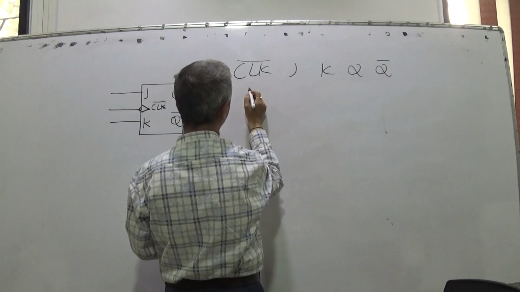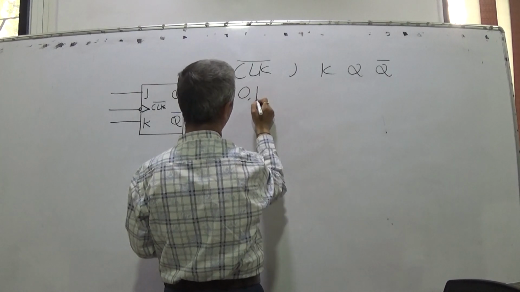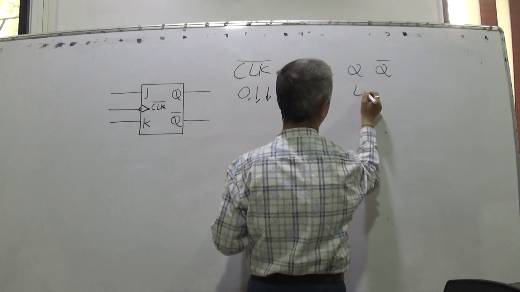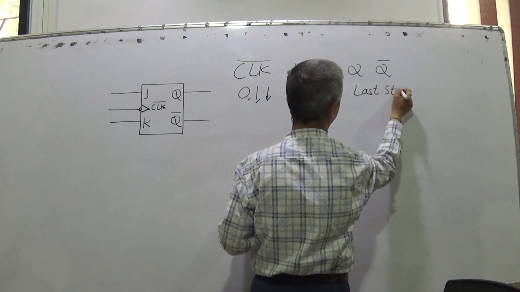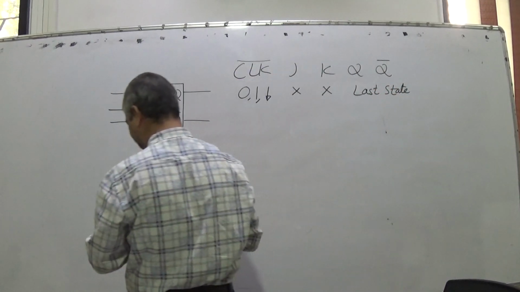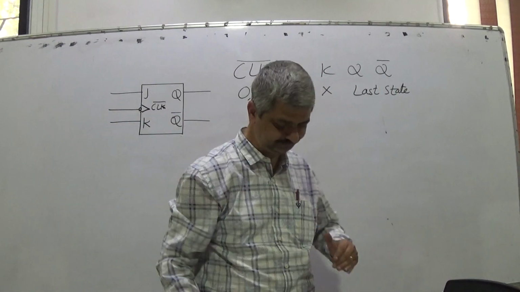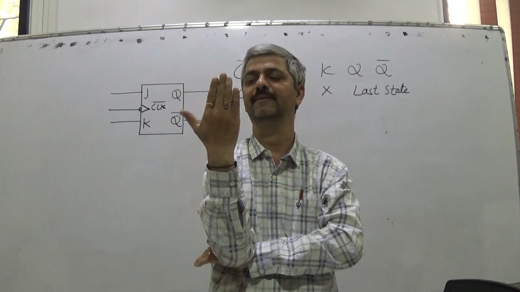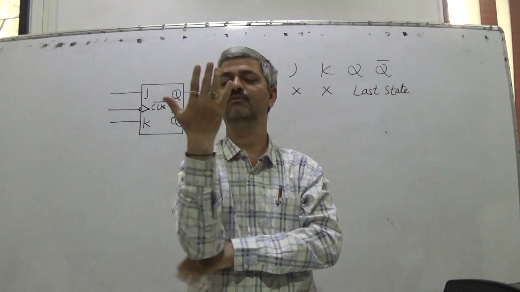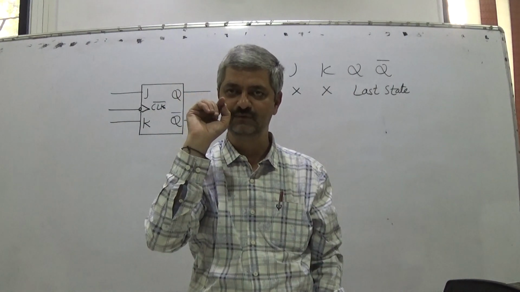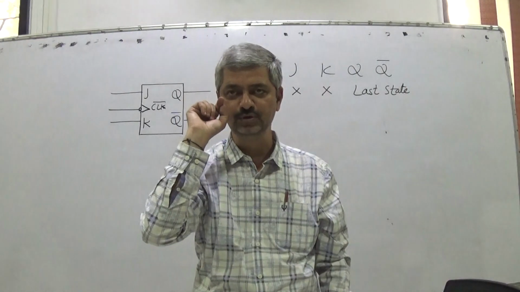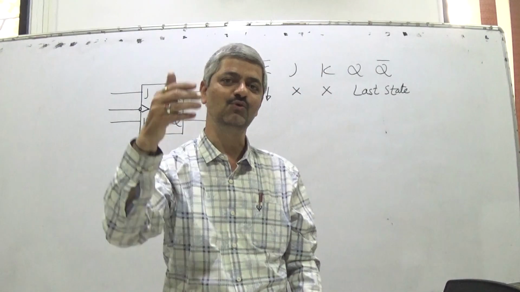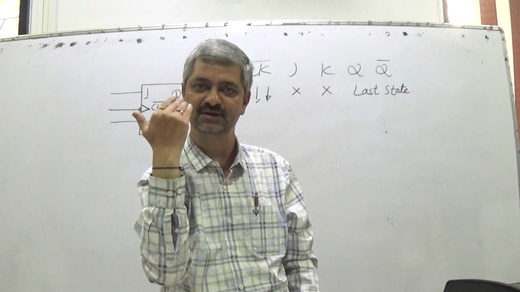When clock bar is 0, when clock bar is 1, when clock bar is going down, irrespective of J and K, the last state is maintained. Just like we have a mobile camera: when you want to capture some picture, you press your finger on some button, and whatever is on the other side is captured.